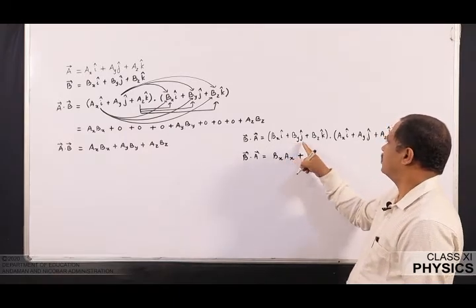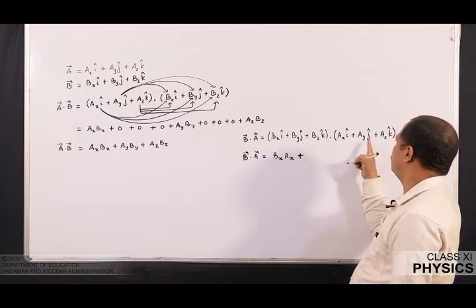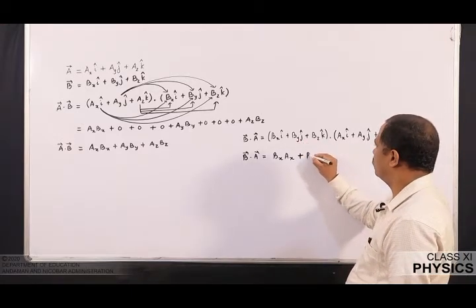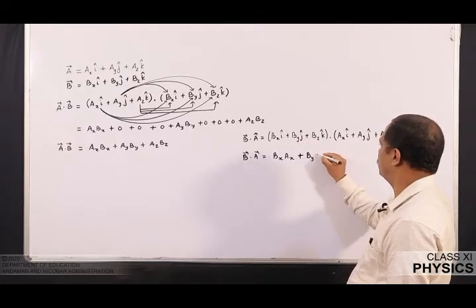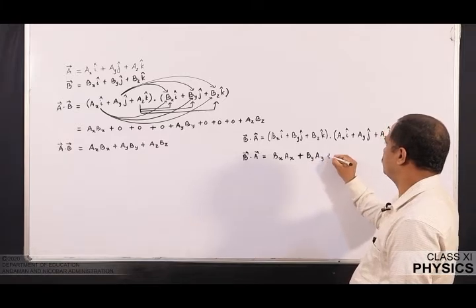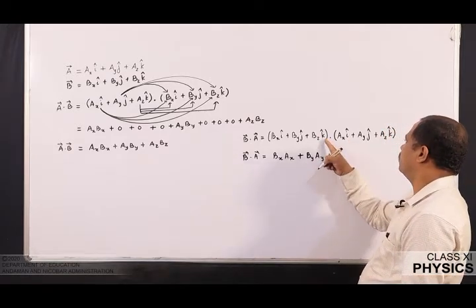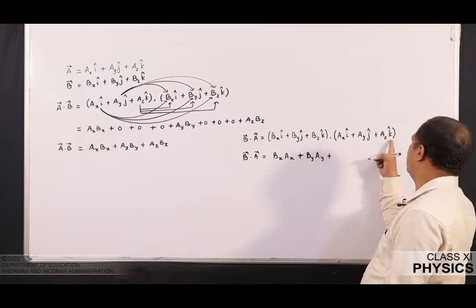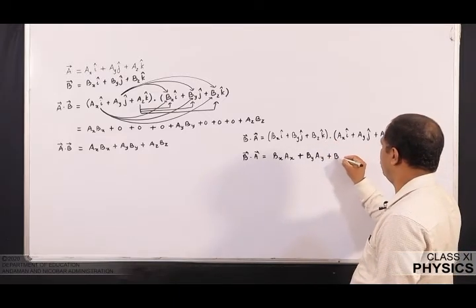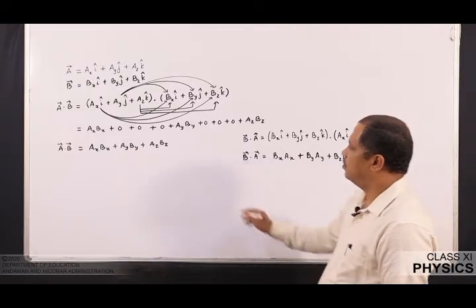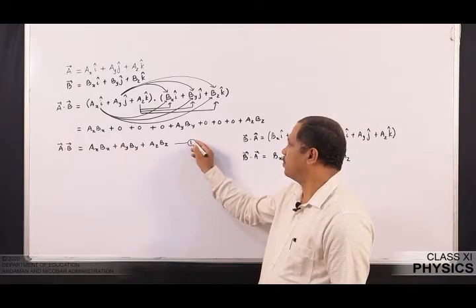Next I am going to take this term, j dot I is going to be 0, j dot j is going to be 1. So therefore by ay, plus k dot I is 0, k dot j is 0, k dot k is 1. So I am left with bz az. So this is my expression 1.